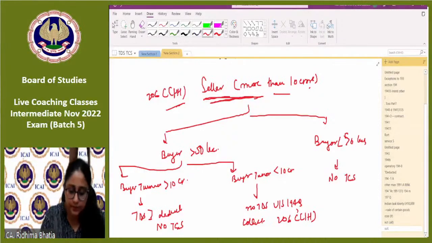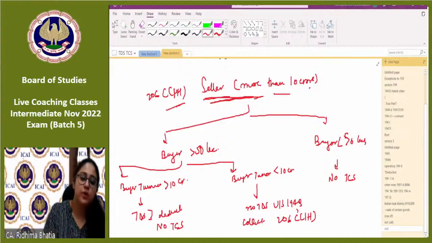Is it clear? So overseas tour program package में 5% TCS collect होगा ही irrespective of any amount.